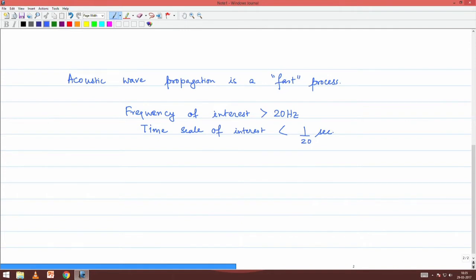Because it is a very fast process, the heat dissipation is not allowed. The time required for heat dissipation is just not available for the process. As a result, it is more mimicking the conditions of an adiabatic process. So, in this fast time scale, the time for heat dissipation is unavailable.